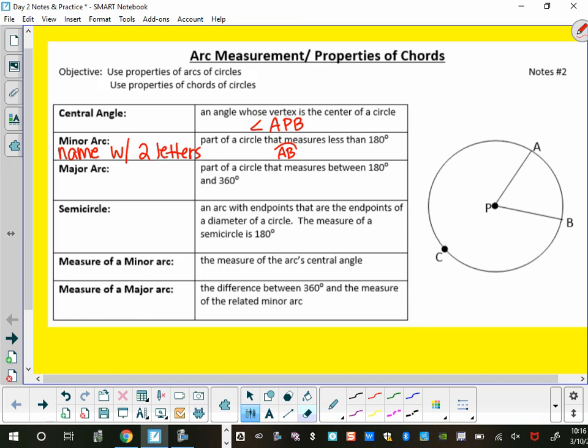All right, a major arc is part of the circle that measures between 180 and 360. So it's not the full circle, but it's more than half, but less than the whole thing. We name a major arc with 3 letters.